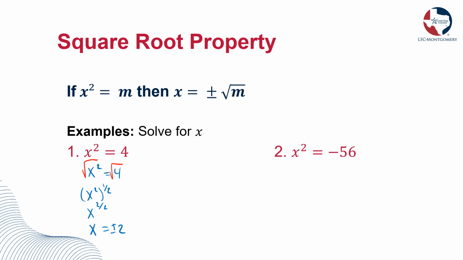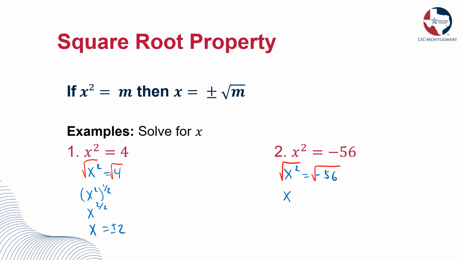Now look at example 2 here. Again, let's rewrite it. x squared is negative 56. Apply the square root to both sides. So again, because of the rules of exponents, on the left side we know it's just going to be x.